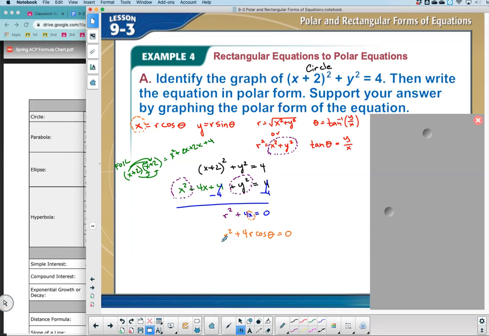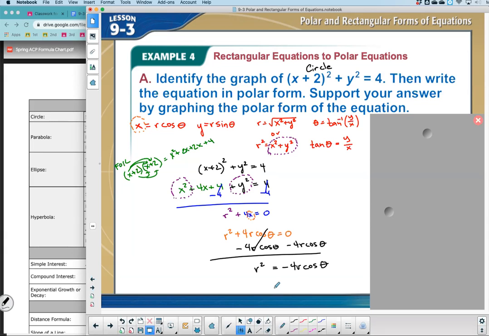So what I'm going to do here is just get it in normal form by subtracting 4r cosine theta. And so my formula is almost in the right form. It's r squared equals negative 4r cosine.